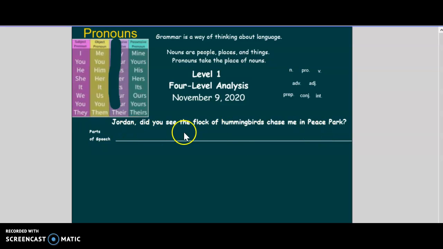This has other things in it too. So you're going to be responsible for knowing if it's a noun or a pronoun or if it's just something else. You don't need to know if it's an adjective or an adverb or a conjunction or any other part of speech. Is it a noun? Yes or no? Is it a pronoun? Yes or no? Or is it just something else?